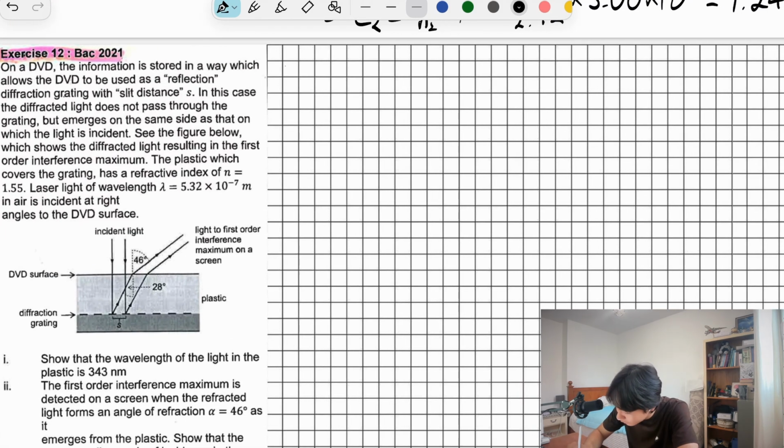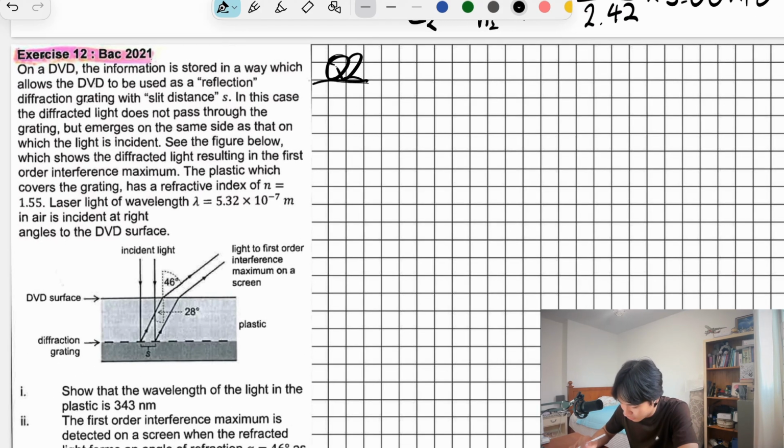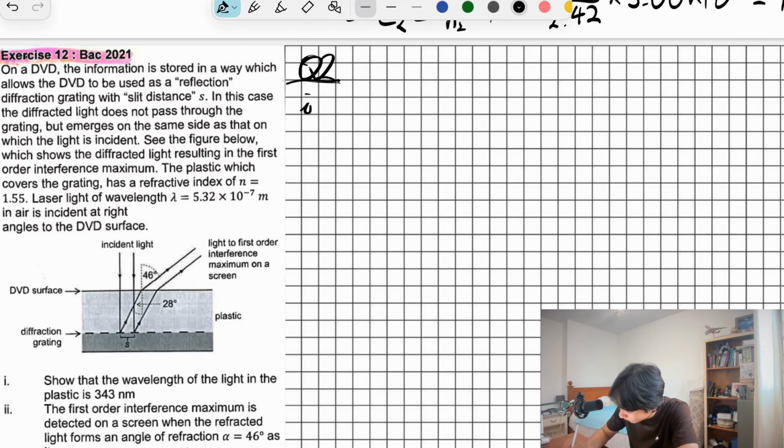Okay, so what we do, say that this is question 1 on the baccalaureate and question 2 on the baccalaureate. We write Q2. Just take a thicker pen. If you see exercise 12, it's because it's pulled from my teacher's sheet. Okay, it's Q2, and let's start with 1. What is 1?